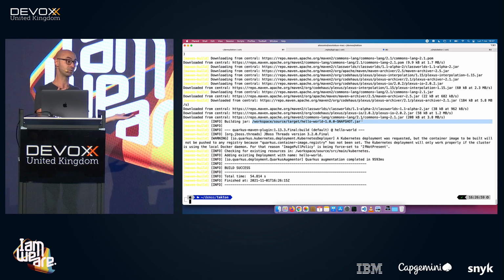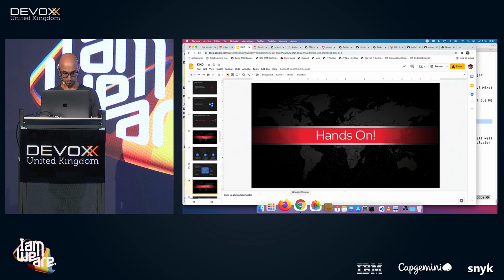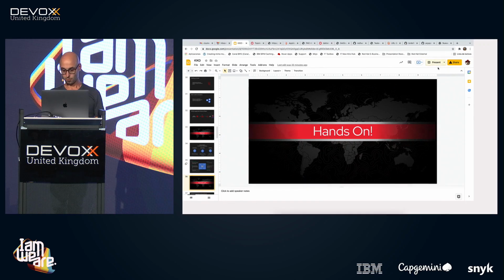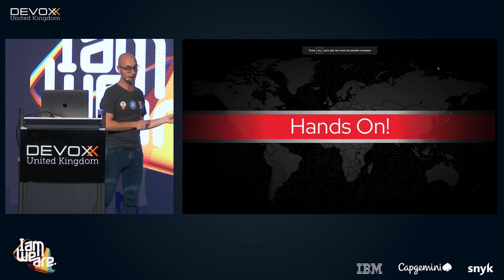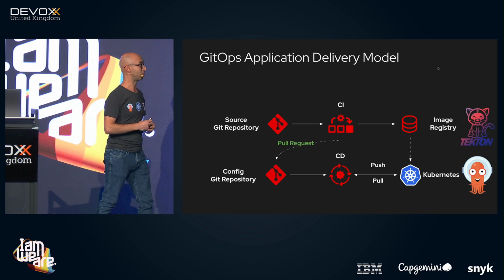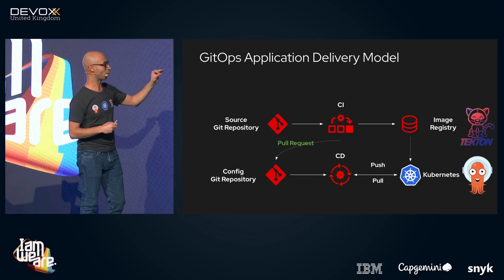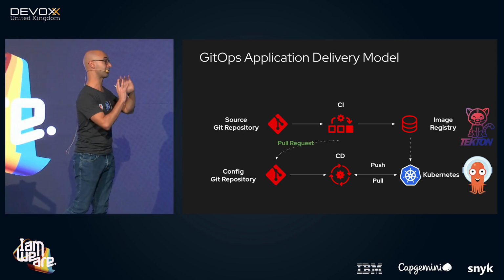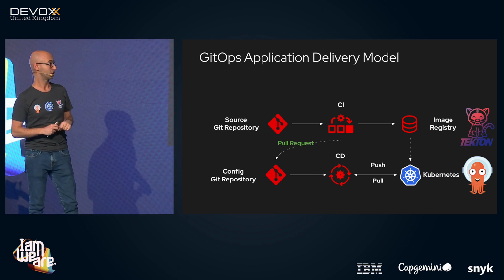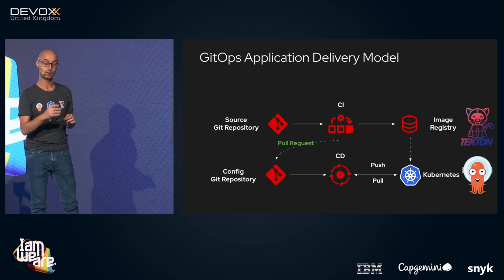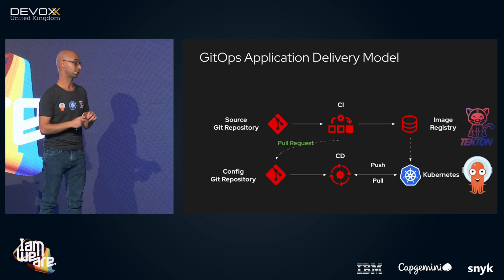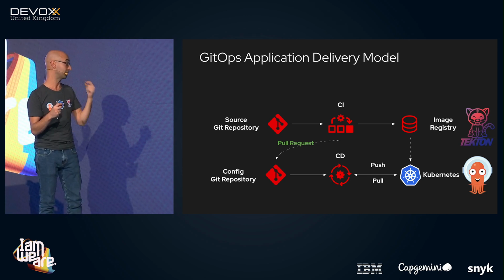Then, depending on your pipeline, you can make things more complicated, but it's just a matter of putting containers. We've covered the continuous integration part, but we still have the continuous delivery part. What happens when I finish this and I've got my container image deployed or released in my artifact repository?